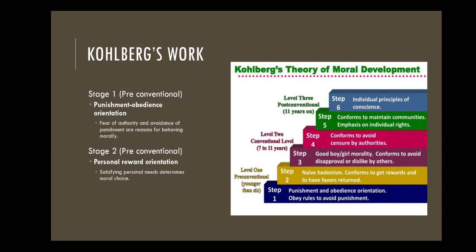Okay, this is more explanation about Kohlberg's theory, or Kohlberg's work. See here. I hope you can follow the Kohlberg theory. Like I said earlier, a theory explains something, and we see it as knowledge.